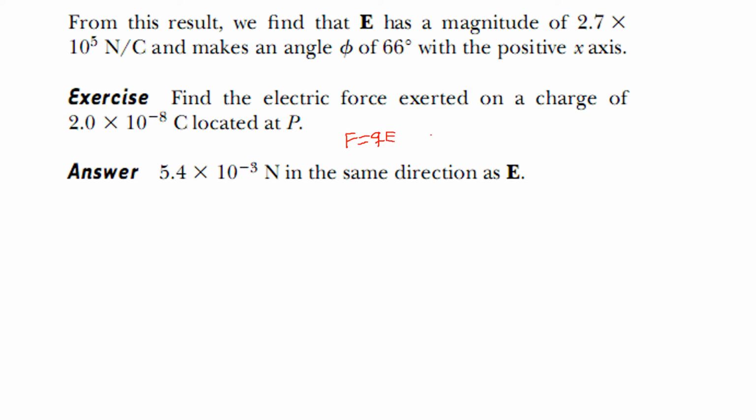So this electric force is equal to 2 times 10 to the power minus 8 coulomb times the electric field at point P, which equals 2.7 times 10 to the power 5 newton per coulomb, and the force will be in newtons, which is equal to 5.4 times 10 to the power minus 3 newtons.